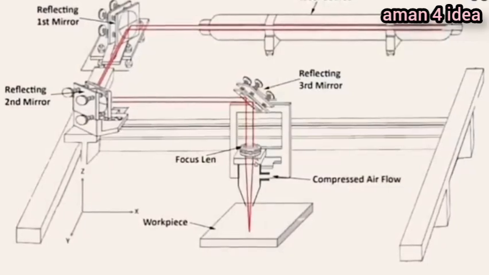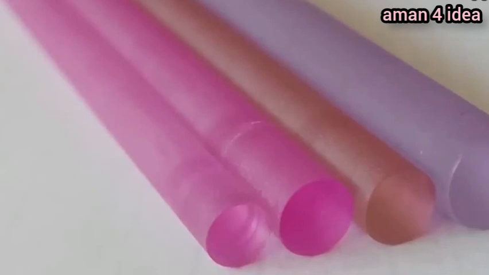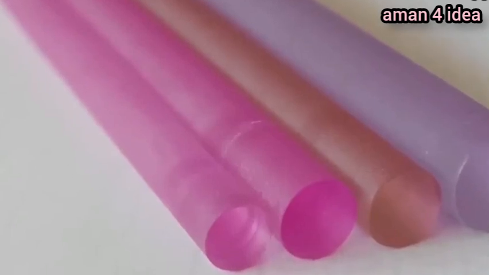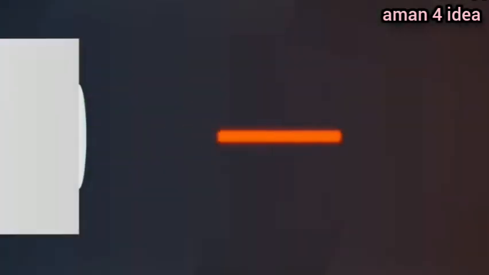Continuous lasers were first discovered. That is, in this case, light was emitted continuously. There are also pulsed lasers, and lasers of different types are widely used.